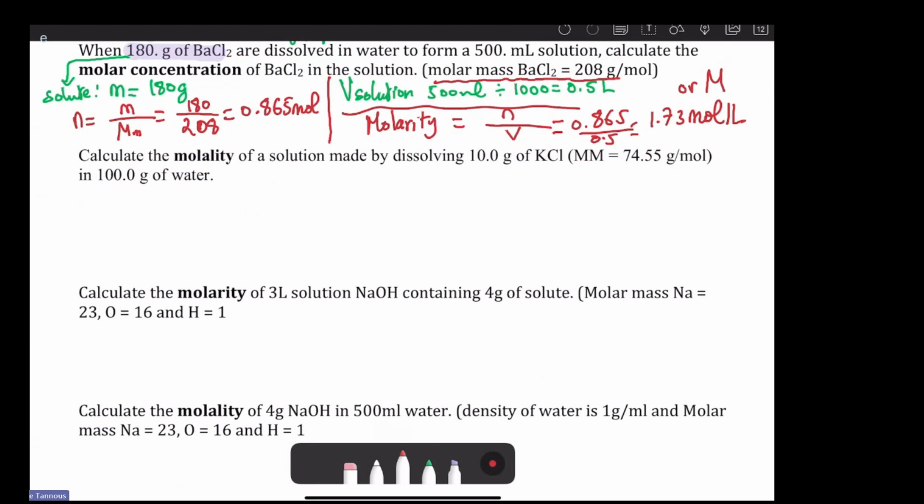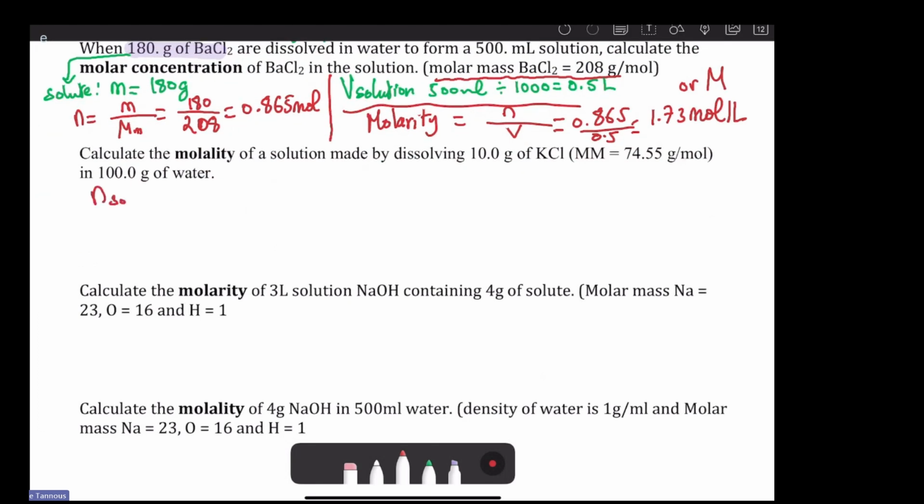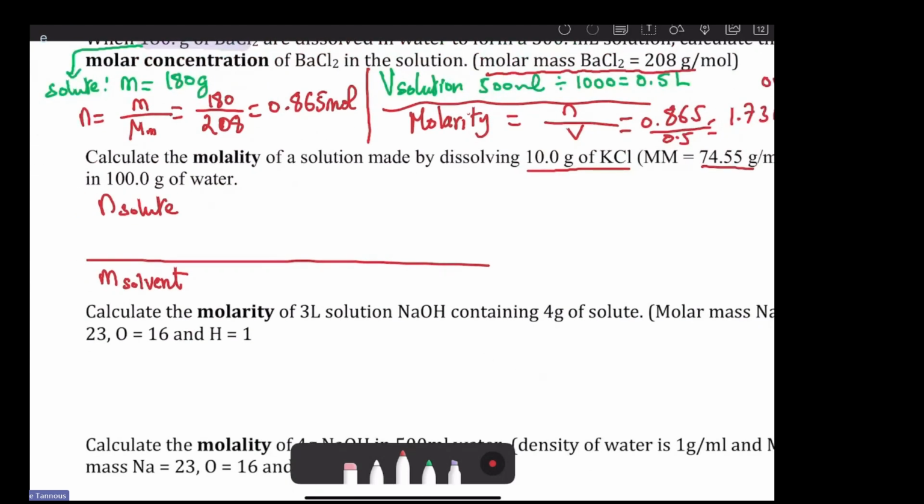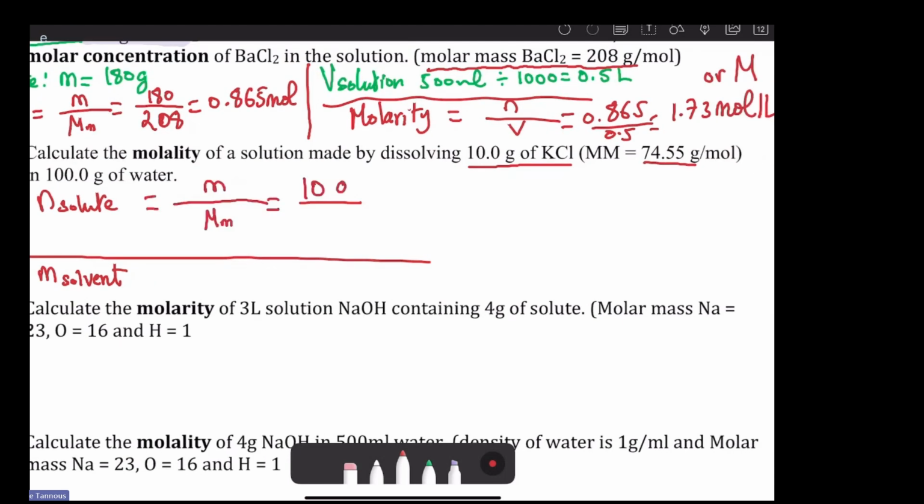Another example. Calculate molality. So I need the mole of solute and I need the mass of solvent to calculate molality. Now, of a solution made by dissolving 10 gram of the solute, and they've given me the molar mass. So, in order to find the mole of solute, it's equal to mass over molar mass. It is 10 gram over 74.